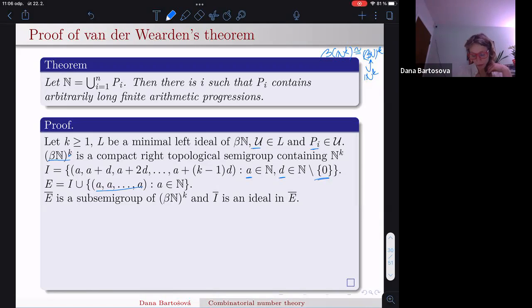And therefore the closure, by the previous slide, is a subsemigroup of this beta n to k. And then it turns out that I is an ideal in E. And again, by the previous slide, we have that the closures are also ideals, right? So here the closures are in the compactification that we are interested in, which is this one.